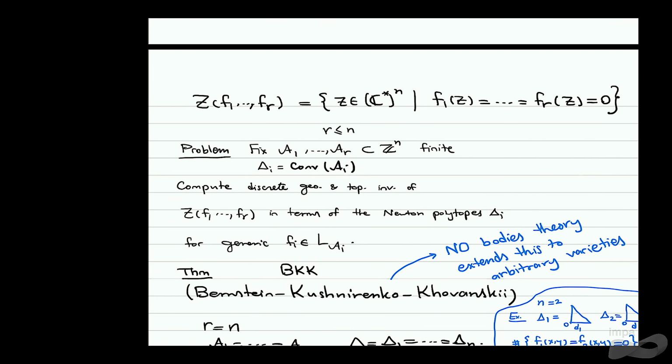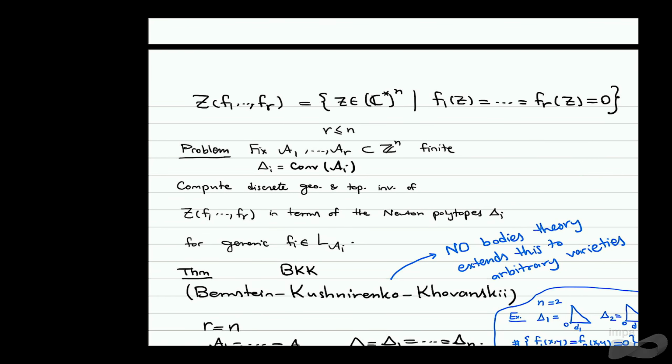If they have different Newton polytopes, or A1, ..., An don't have the same convex hull, it is n factorial times the mixed volume of the corresponding polytopes. Delta i is the convex hull of Ai, the finite set Ai.